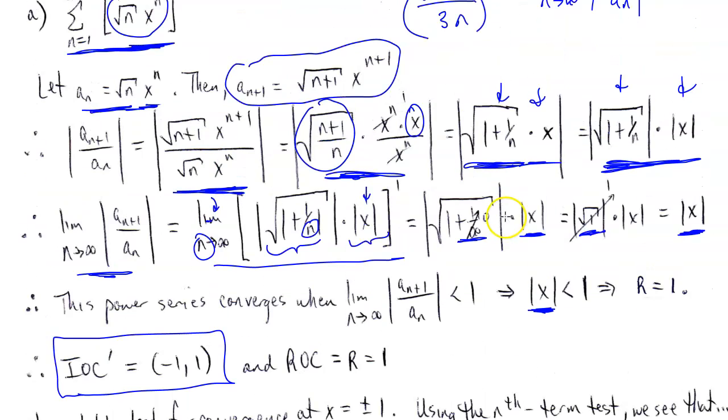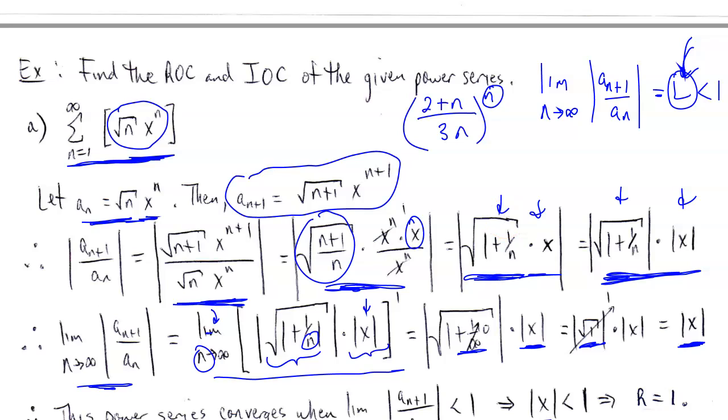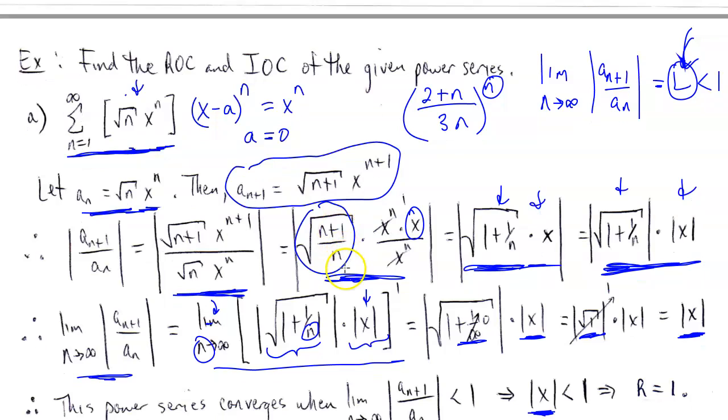if we go back up here, you'll notice, probably didn't notice this before, but we're going to go ahead and say it now. Notice that this power series just had x raised to the n. Remember, in general, our power series looks like this. So in order for x minus a raised to the n to be equal to x raised to the n, a had to be 0, meaning that this particular power series is centered about the x value a, which is 0 in this case.